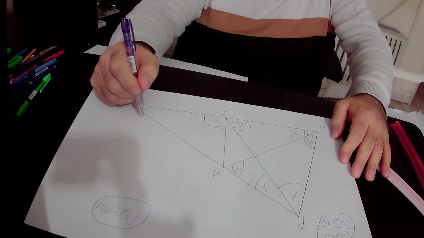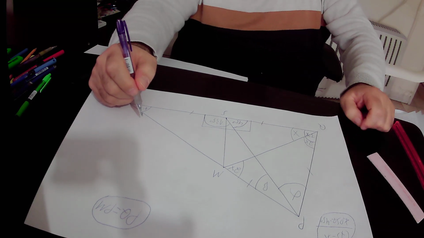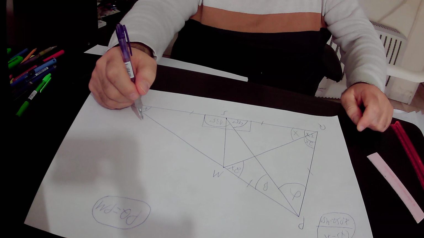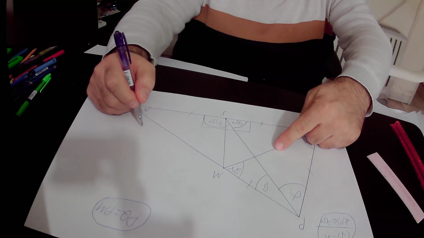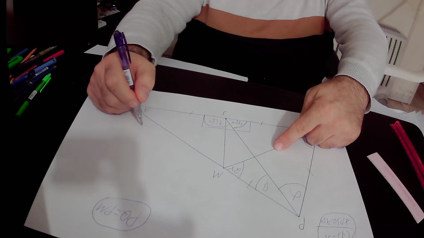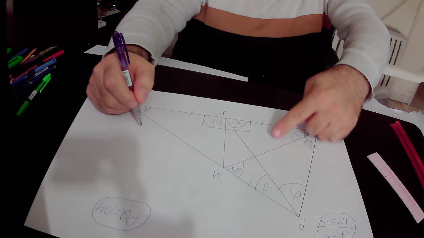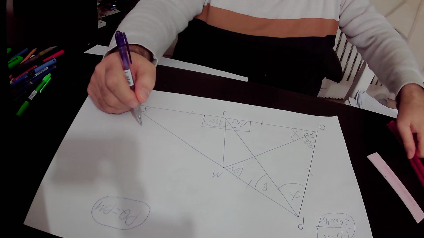Okay. In the next step, we will draw a perpendicular from point P to QM, and then we will extend the perpendicular until it touches QS.